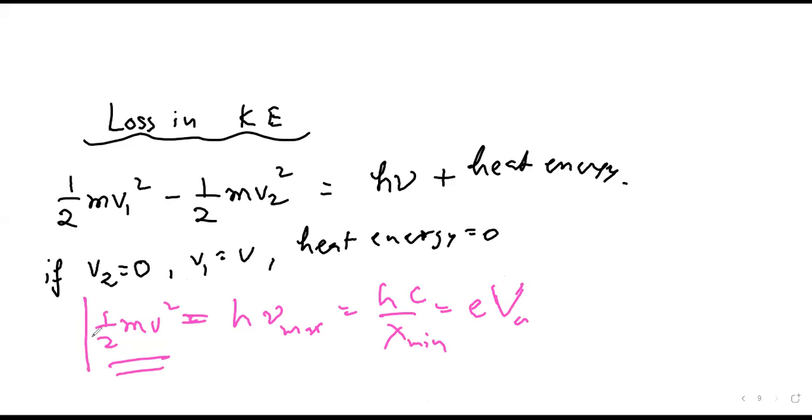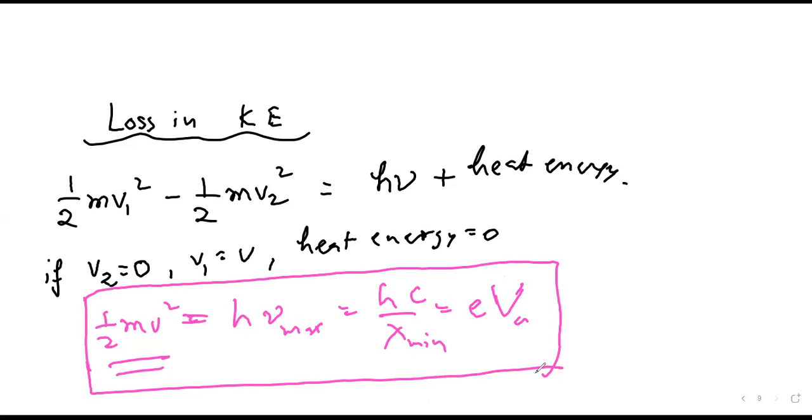So these are the defining equations for the continuous spectrum. Let's say you have to find the minimum wavelength of the continuous X-rays. You have to say it depends on the applied potential difference.